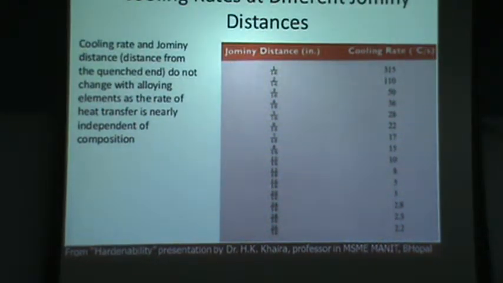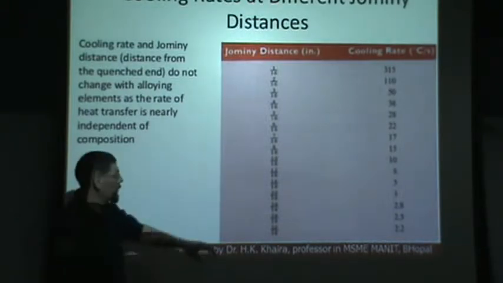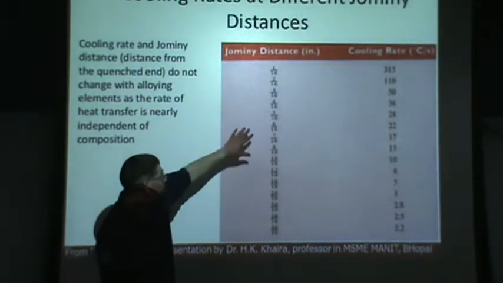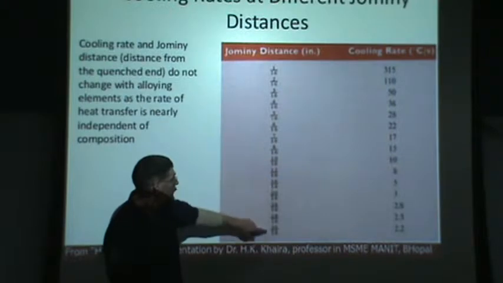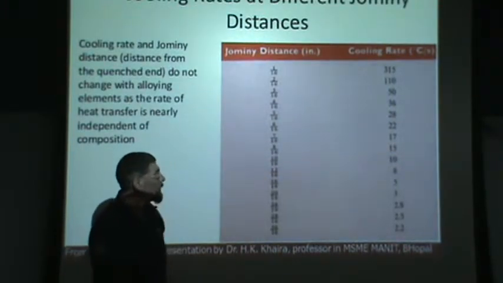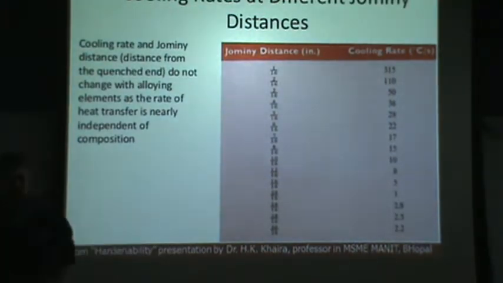And here are the cooling rates that go along with not every specimen, well, not every position, but many of the positions. You'll see that in practice, you don't necessarily have to do every position, all 32 positions.